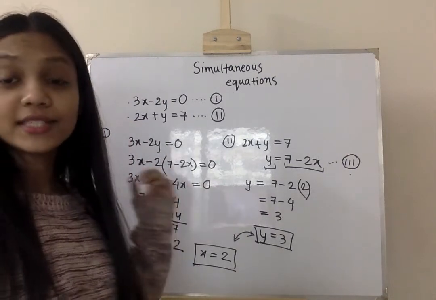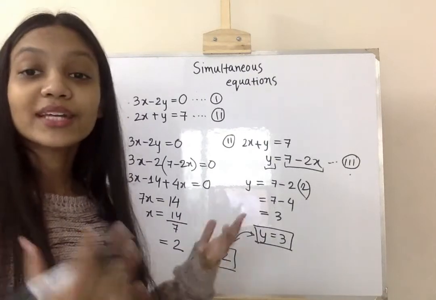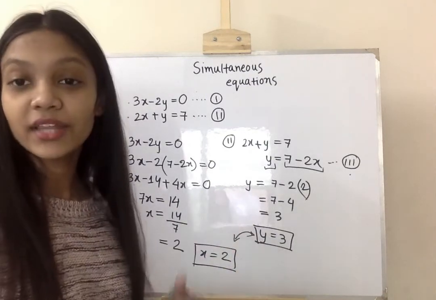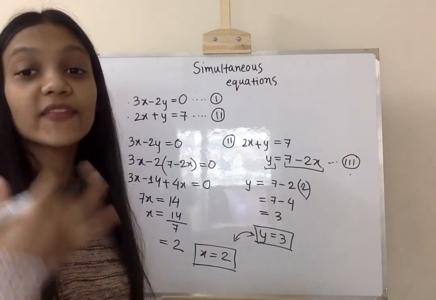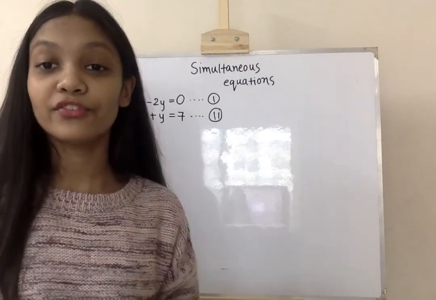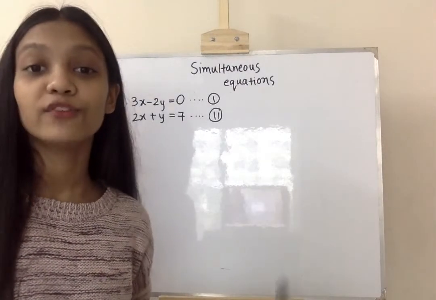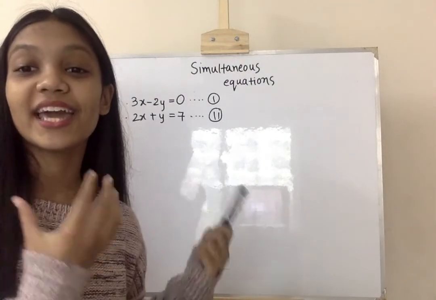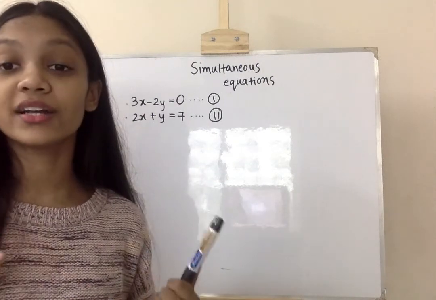Now let's solve the same set of simultaneous equations by the elimination method as well. You can solve this in any method that you want to. If the substitution method is easy for you, then go for it. If the elimination method is easier for you, then go for it as well. To solve a set of equations by the elimination method, we have to make sure that the coefficients in front of the variable are the same.